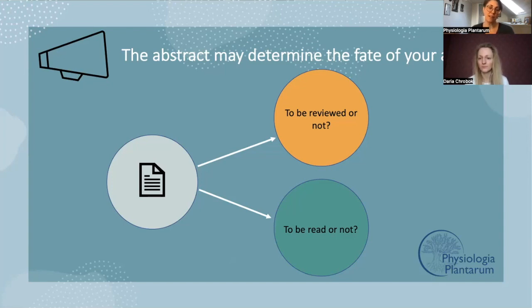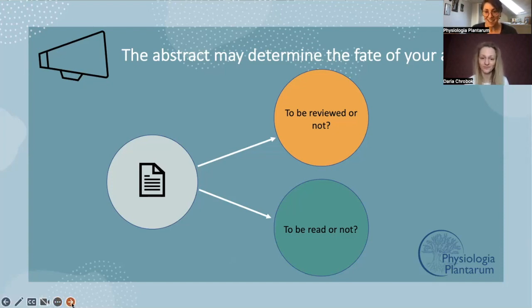If you don't have an institute that pays for this, you will be able to read the abstract and then determine whether you're going to pay or not. Again, you want that, so you'd better put extra effort into it.